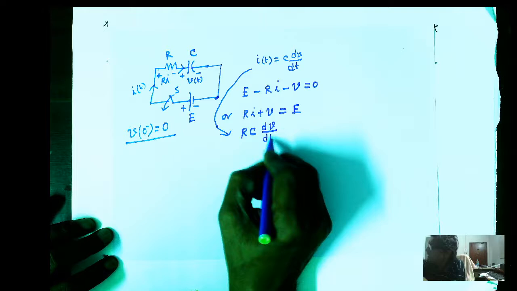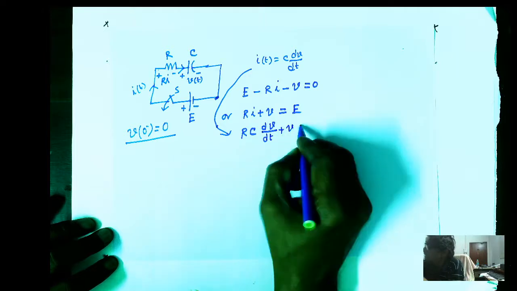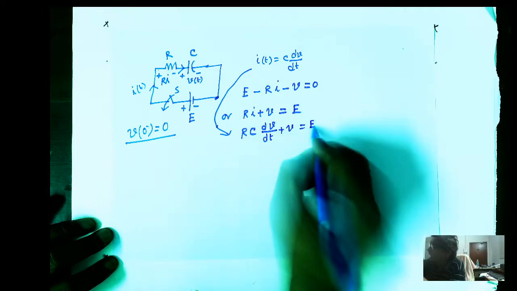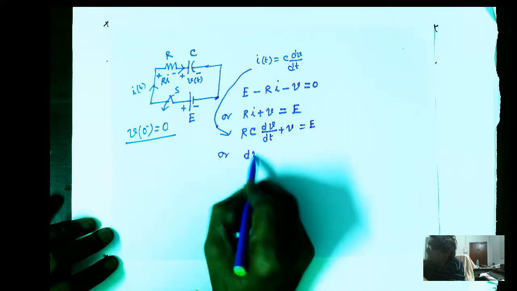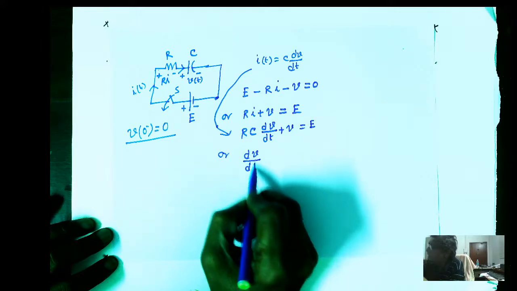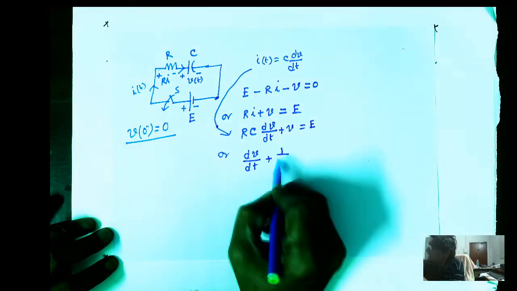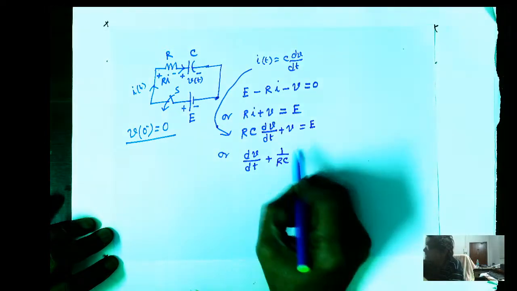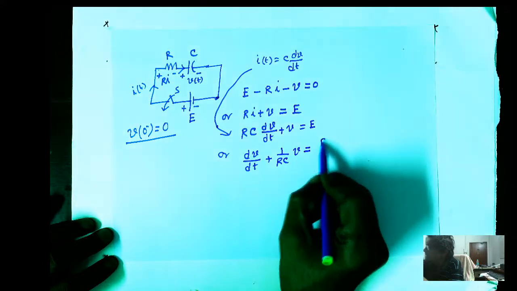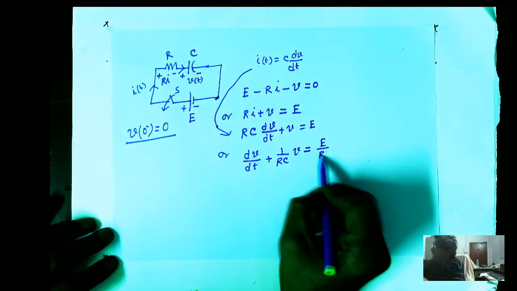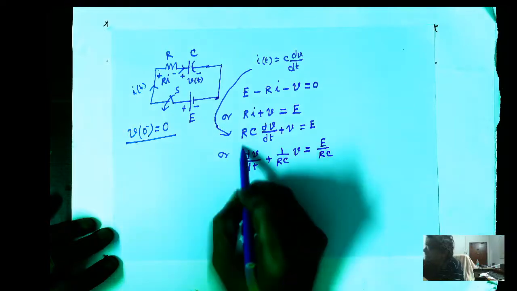Plus V is equal to your forcing function E. And then the next step, what I usually do is dV/dt plus 1/RC into V is equal to E/RC. So it is a first order differential equation.